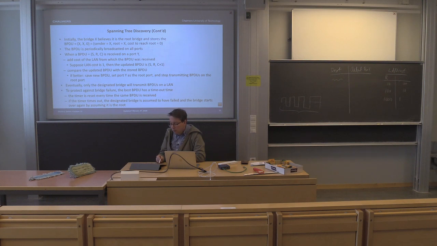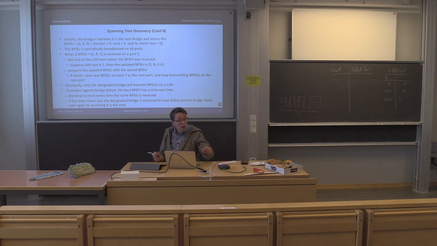Then we compare the updated PDU with the stored one. If better, then we adopt the one that we have received, because this is better than what we have. And then we set the port from which we received this better PDU as the root port.